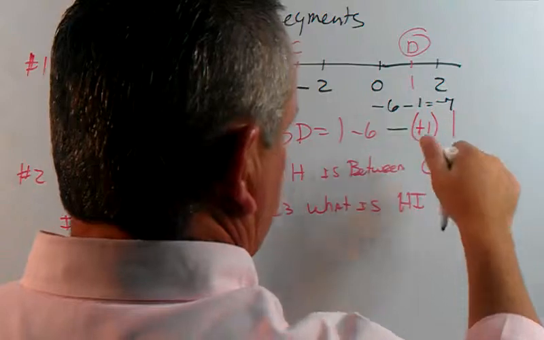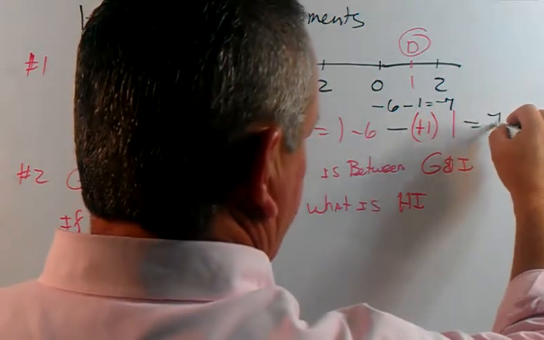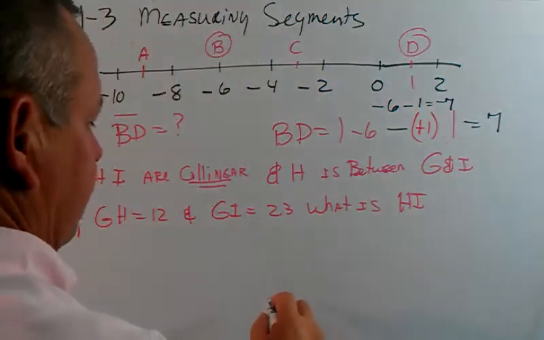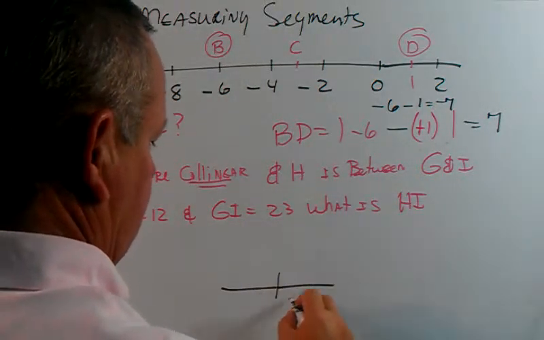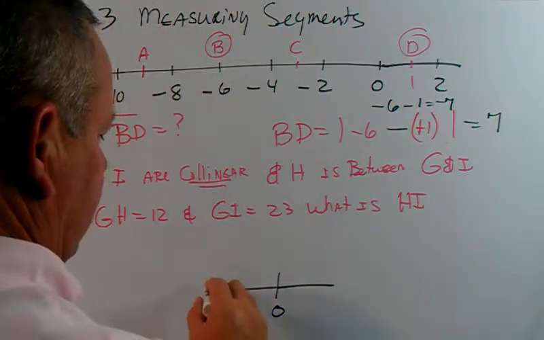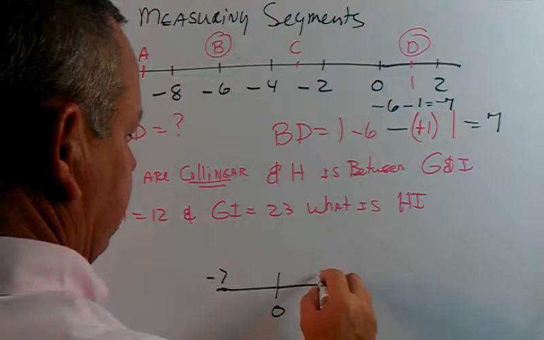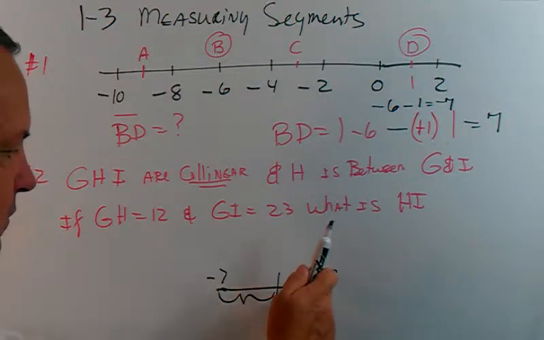Well, what do we do when we take this value out? It's equal to +7, because as we discussed before, the absolute value is just the distance, the difference or distance from 0.